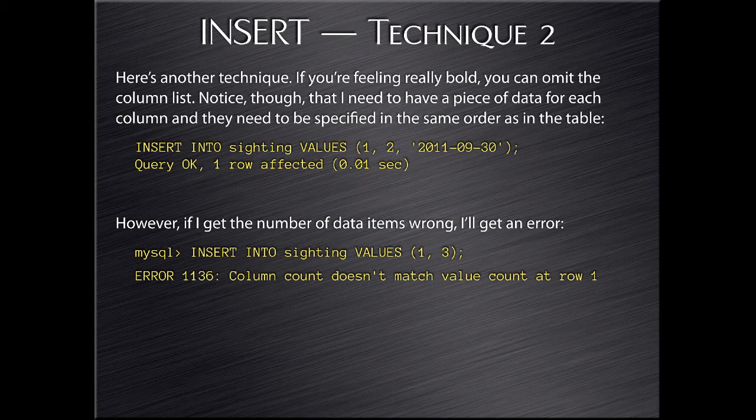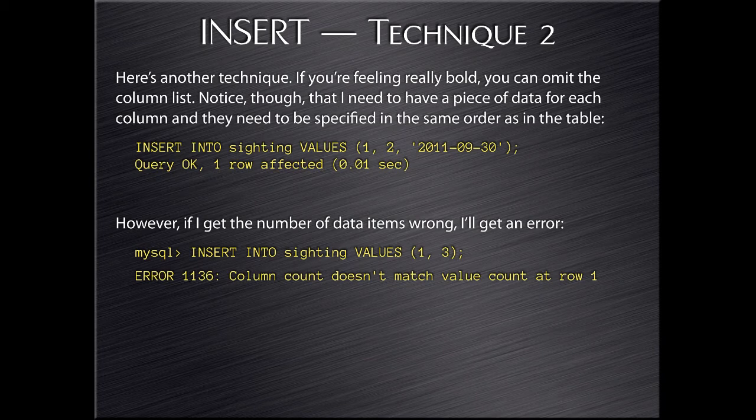And again, the reason that that one works is that although I am not listing the columns, there are 3 columns in that table: person ID, bird ID, and date. And so these 3 values match the 3 columns in the table in exactly the order in which they appear in the table.